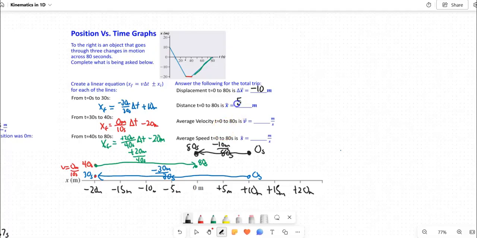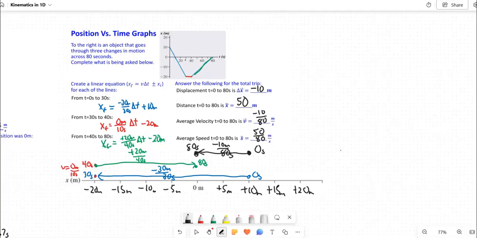Actually, the distance traveled is 50, right? So you just got to count your steps. However, your average velocity for the whole trip is negative 10 meters over the period of 80 seconds. But your speed, which is distance traveled over that period of time, is going to be 50 meters over the period of 80 seconds.